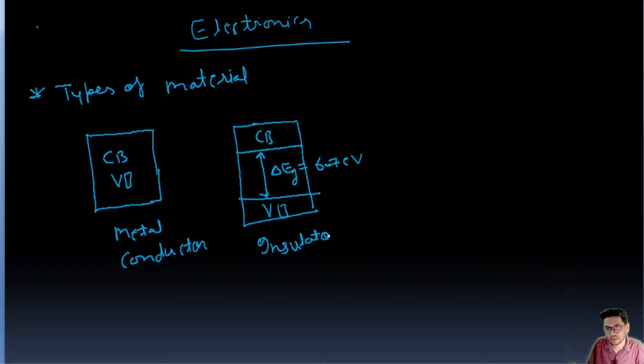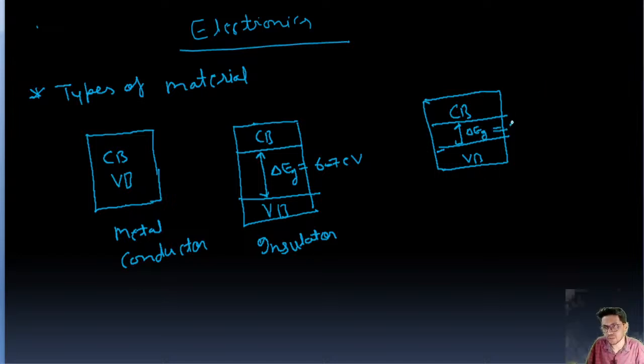So this is an insulator. Now next is the semiconductor. This is the valence band, this is the conduction band, and this is the band gap, delta Eg, which is small, about 1 electron volt.